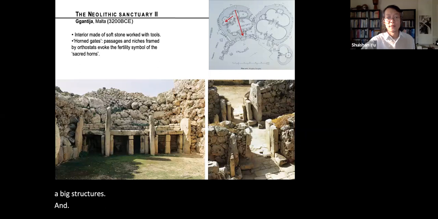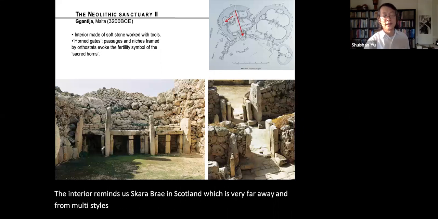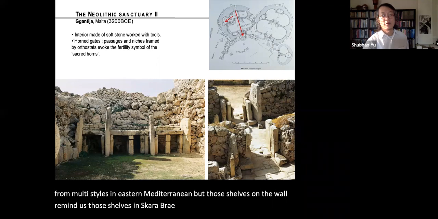The interior reminds us of Skara Brae in Scotland, which is very far away from the Maltese Isles in the Eastern Mediterranean. But those shelves on the wall remind us of those shelves in Skara Brae, and those also stand-ins remind us of the bull's horn.